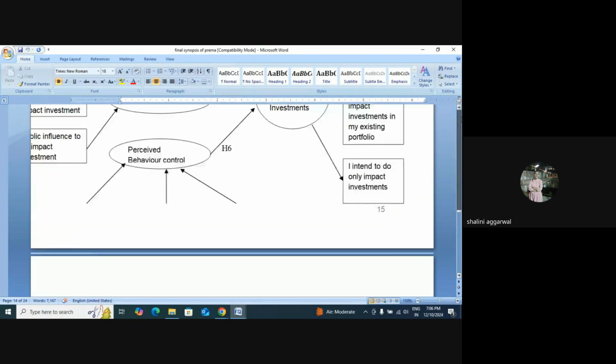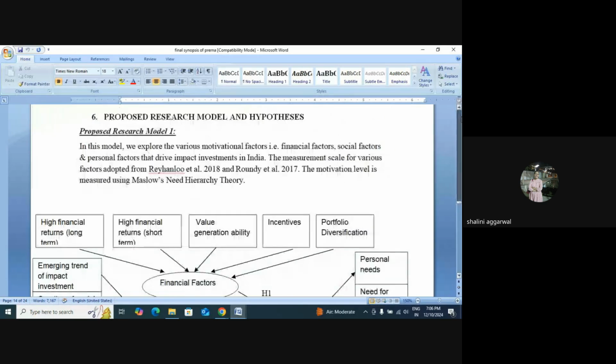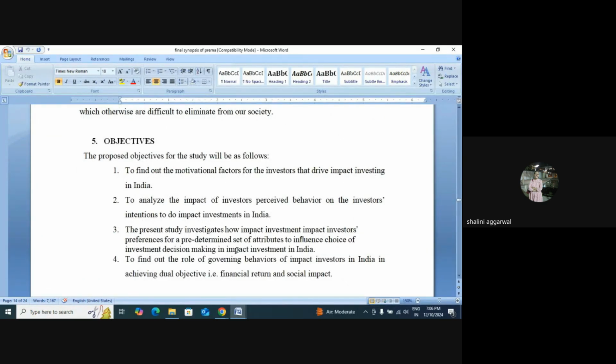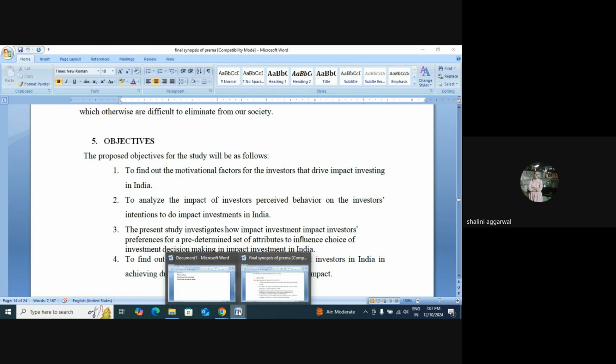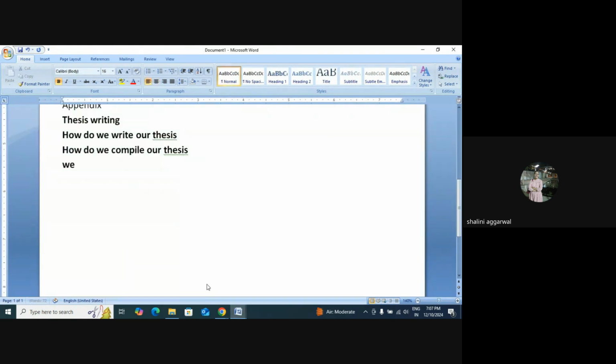So the first important task is we will design the questionnaire. This is the first important step. Once we have decided the objectives and finalized our synopsis, the next important thing is to start with your thesis.